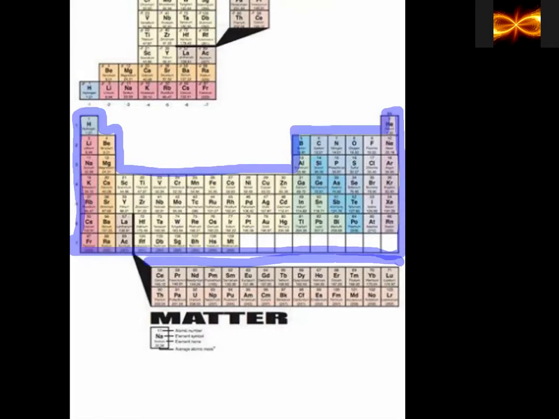You can touch it, it has physical attributes. This is matter, and we don't have to worry about it because we already know what it is. We've got just about every element figured out. None of this is going to be much news for anybody here.